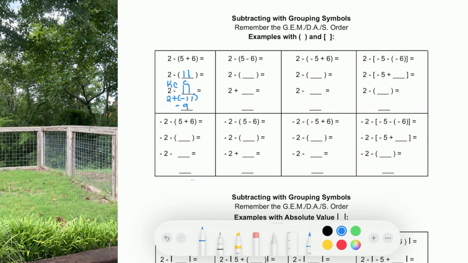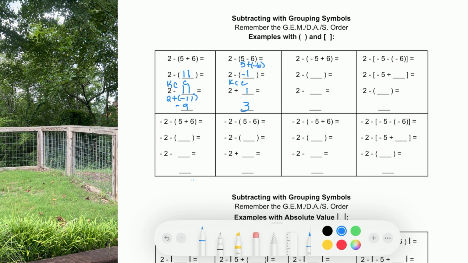Now let's look at the next one, 5 minus 6. That's the same as saying 5 plus negative 6, which is going to be negative 1. Now we're going to keep it, change again. So we have 2 plus 1, which is 3.